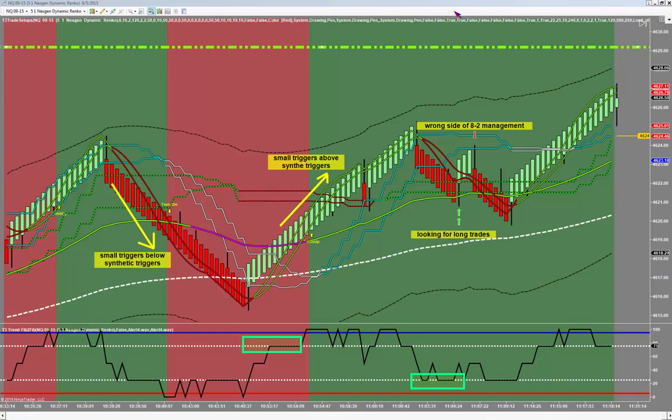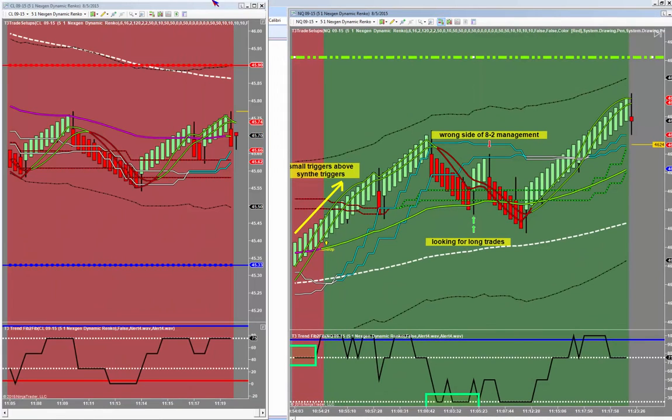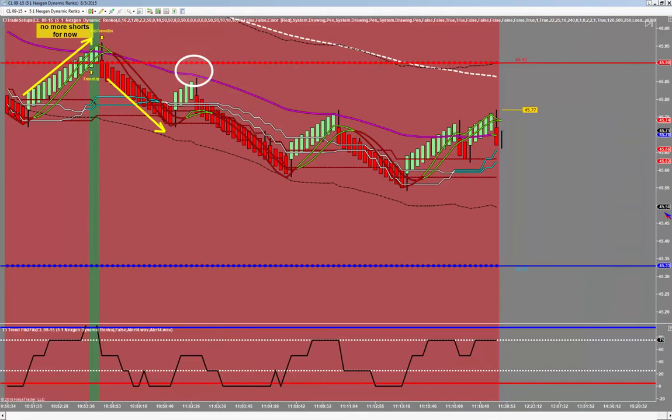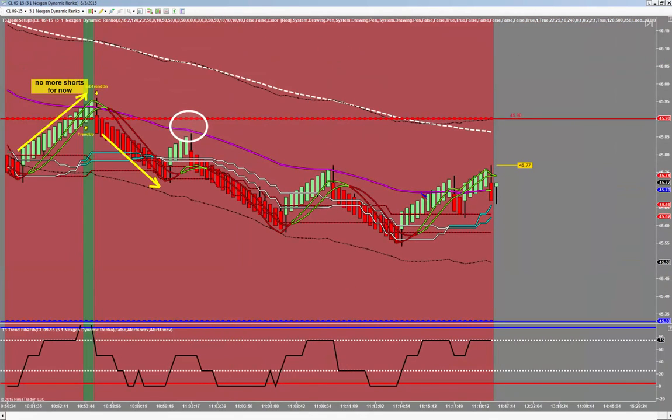All right, guys, so let's take a peek at our crude oil. And you can see that, right, we're not doing any more short trades because our small triggers are above our synthetic triggers. Typically, when you get the small triggers to break out of your mid band and your synthetic triggers, usually you're going to see the market go from a pullback into your 8-2s up to this area. Again, this is not necessarily the least aggressive trading that you can do, but that's usually what happens.